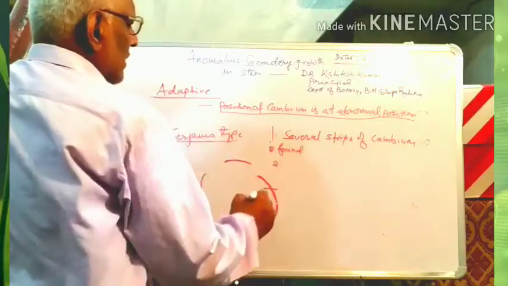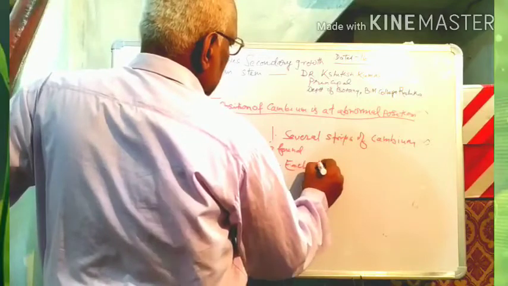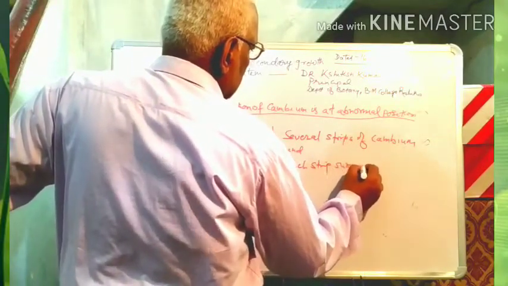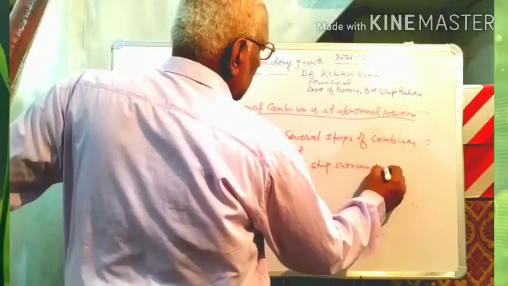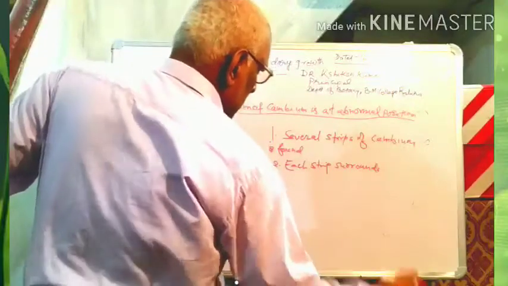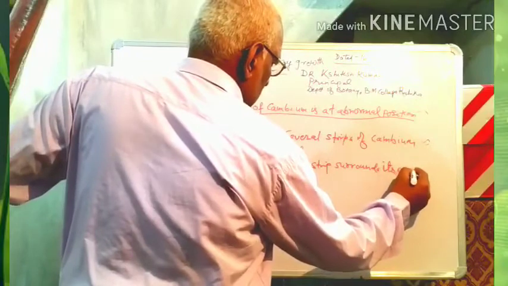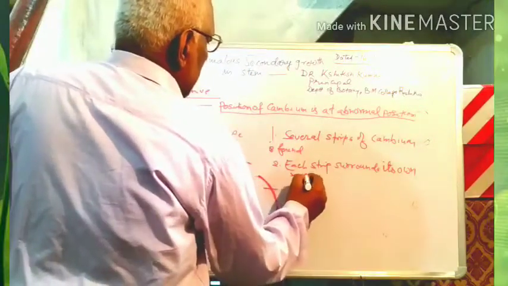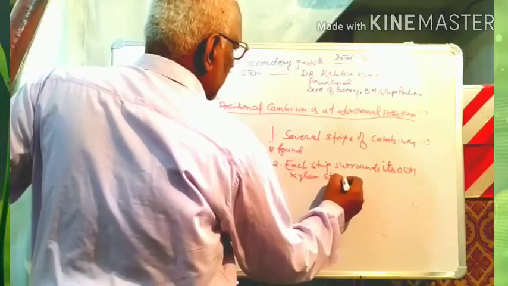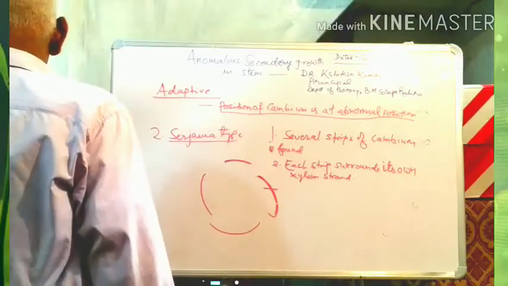Second, each strip surrounds its own xylem strand. So this is the second character.